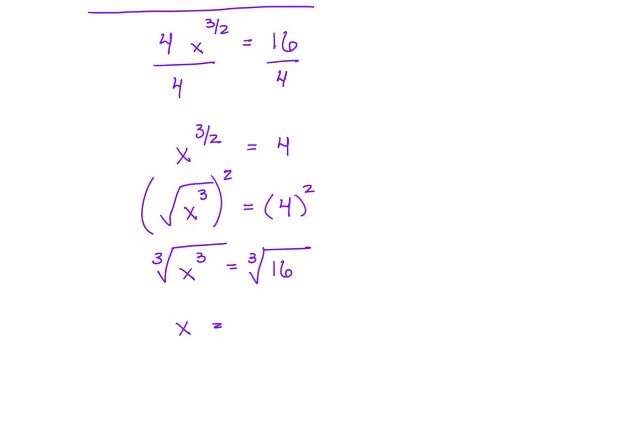And we can break this down. 16 is equal to 8 times 2. 8 is a cube. And if we take the cube root of 8, we get 2. And we still have that 2 on the inside that cannot come out.